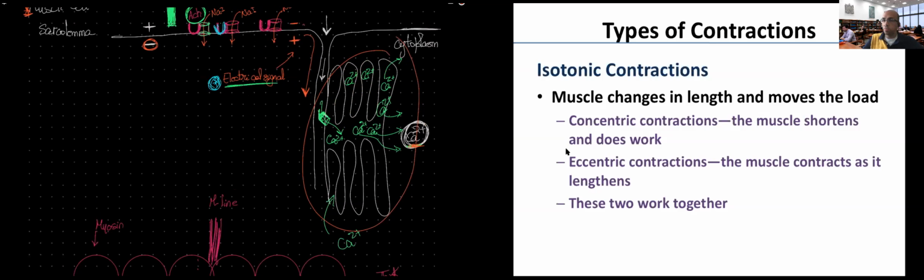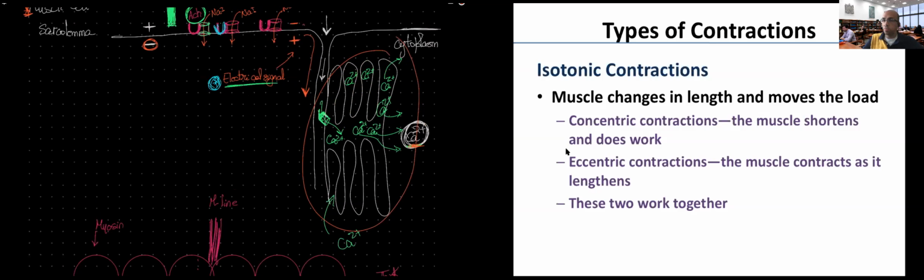Once the calcium binds to the troponin, this will cause a conformational change, a change in the structure of the troponin, which will cause the movement of the tropomyosin away from the myosin binding sites on the actin subunits of the thin filaments.